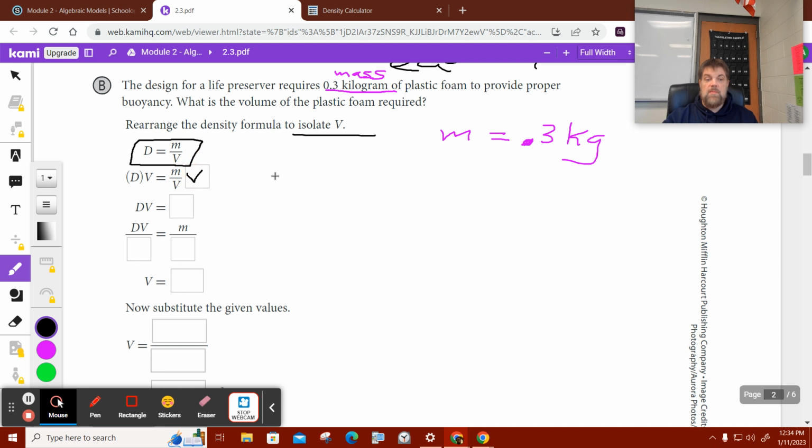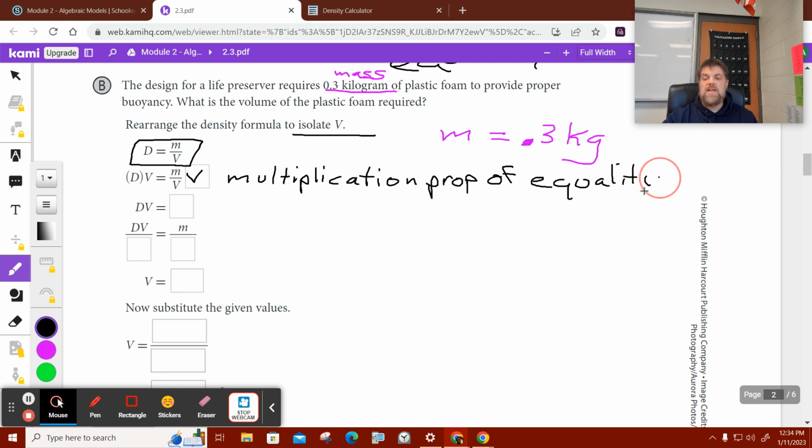So I'm just going to straight up multiply both sides by V. Multiplication property of what? Equality. So we use the multiplication property of equality by multiplying both sides by V.